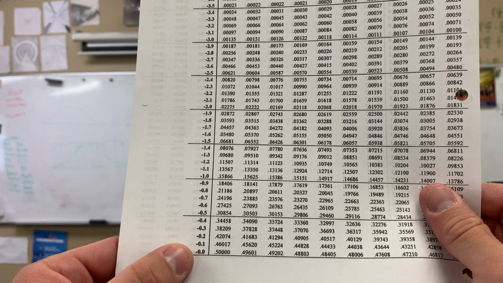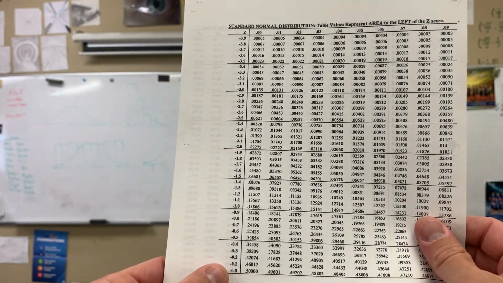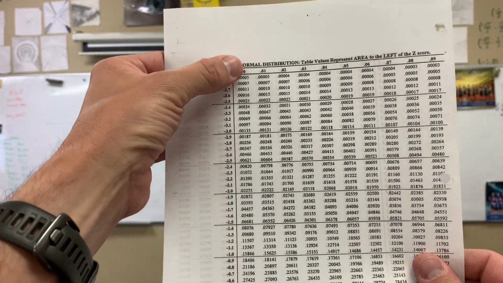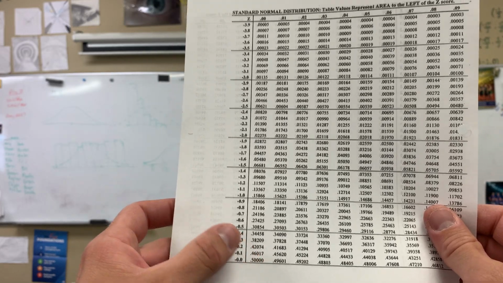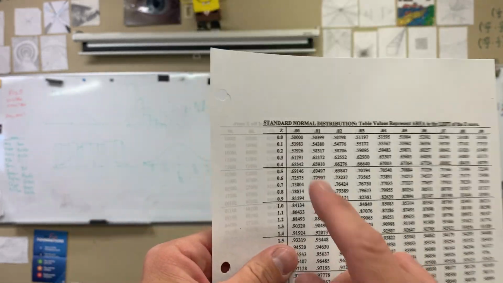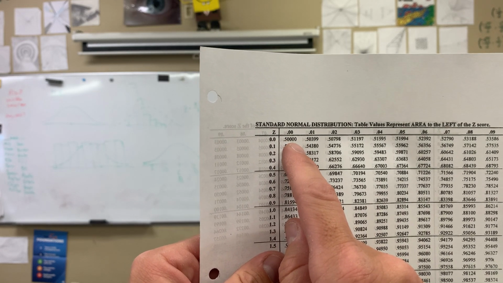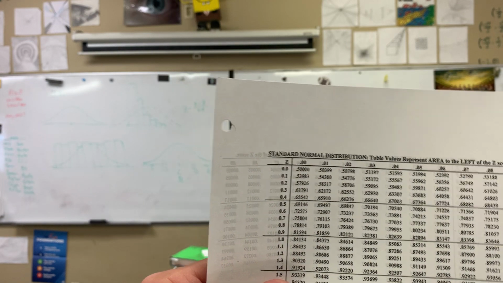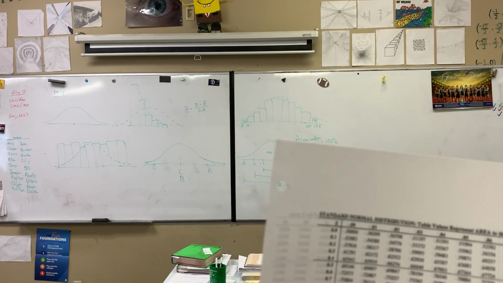If you see negative 0.0, you'll see the decimal 0.50000. If you flip it over and look at 0.000, the decimal is 0.50000.